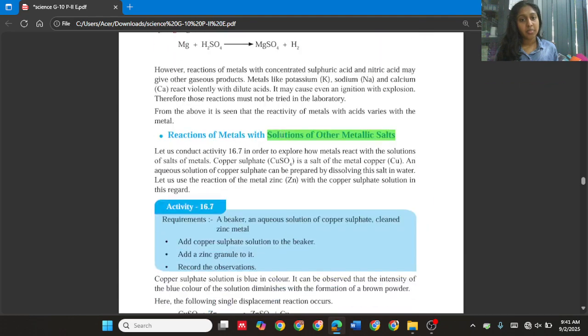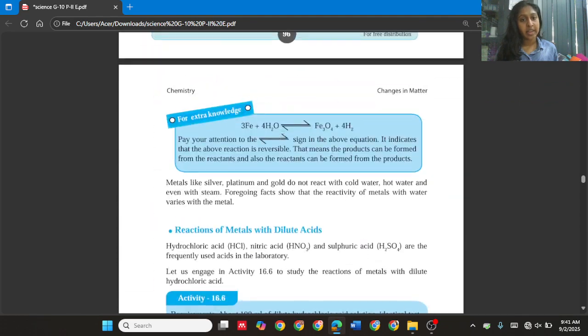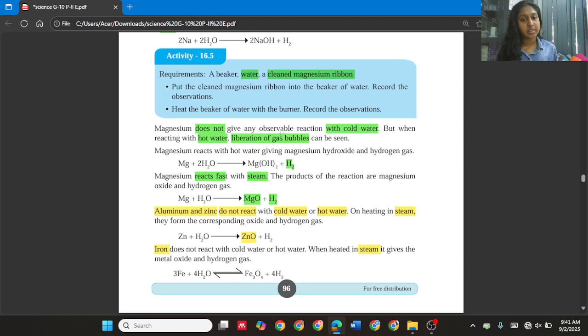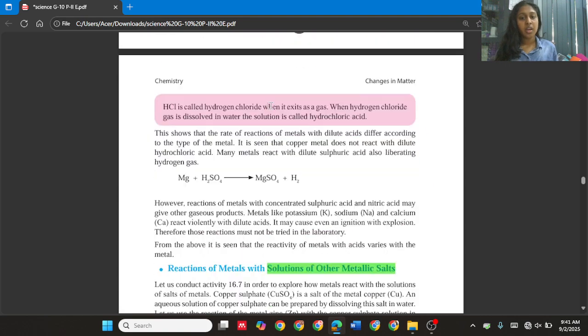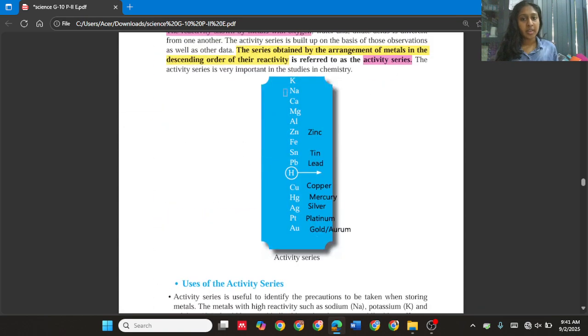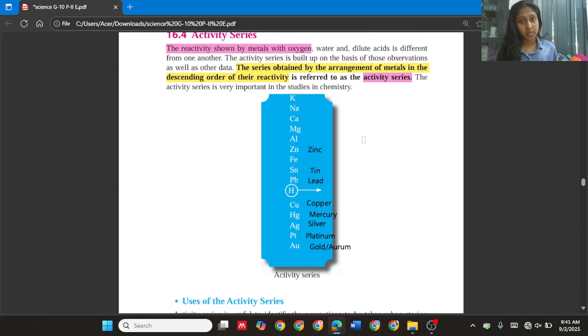But magnesium does not show a visible reaction with cold water, but with hot water and steam it gave the reaction. So that's why it comes below sodium. Magnesium comes as the fourth in the activity series.